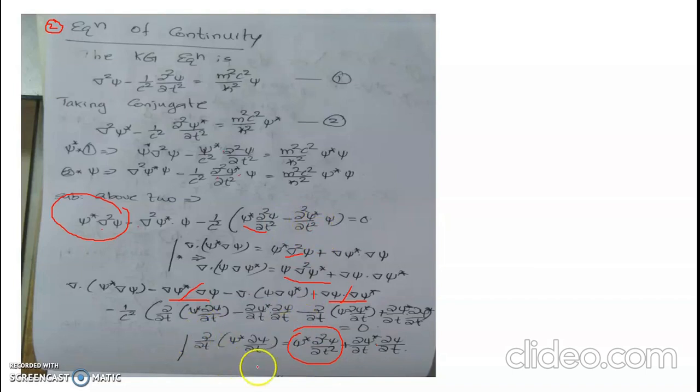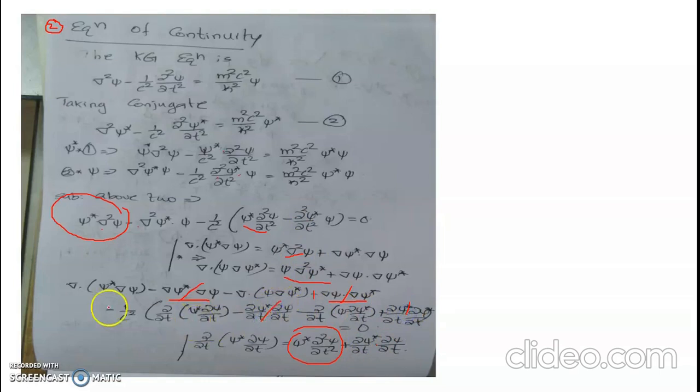For that you take the complex conjugate of this one and again rearrange. We obtain dou by dou t of psi dou psi star by dou t, plus dou psi star by dou t complex conjugate, that is dou psi by dou t into dou psi star by dou t. So this term and this term are exactly identical with opposite sign.